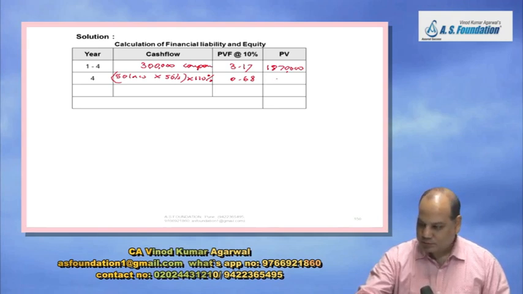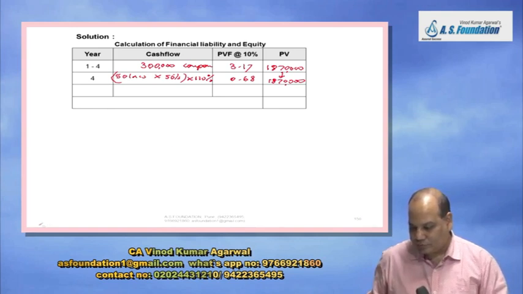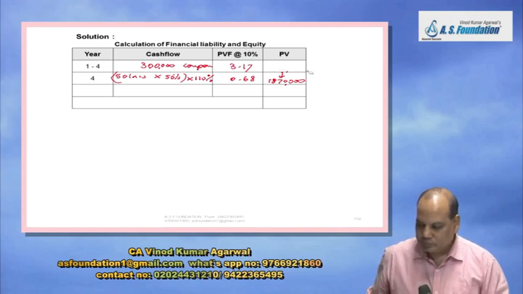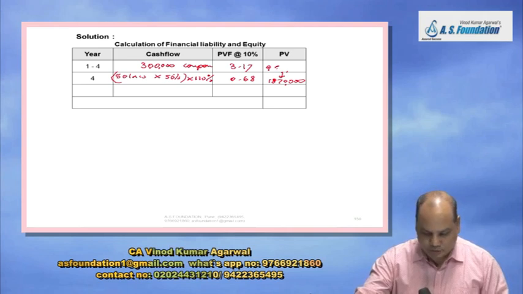No, I think this should be written here. Interest is different. 9,51,000. It seems the answer is right.